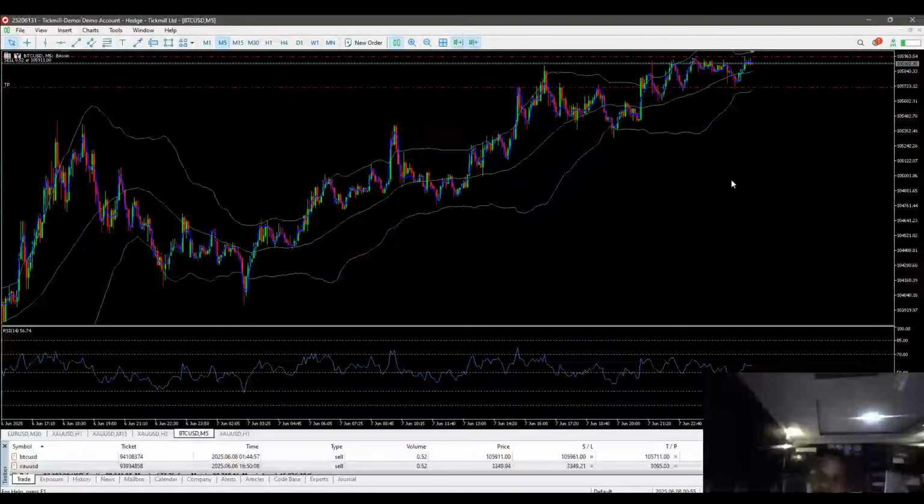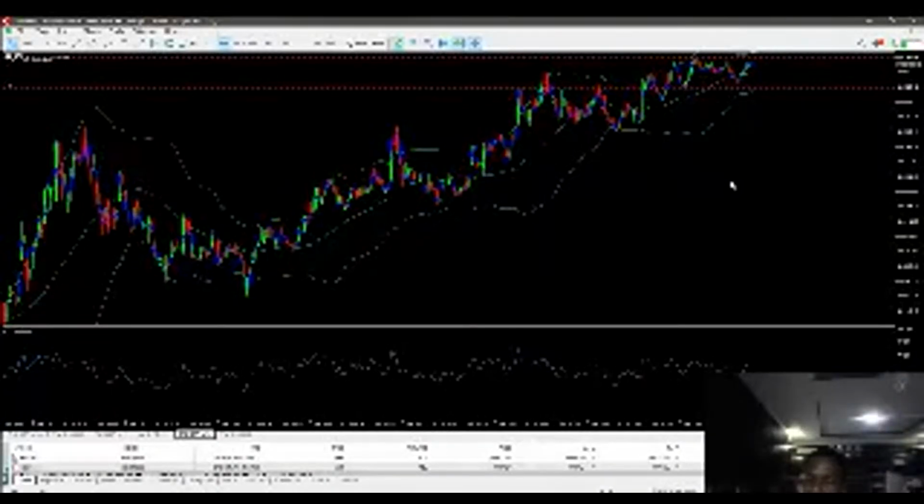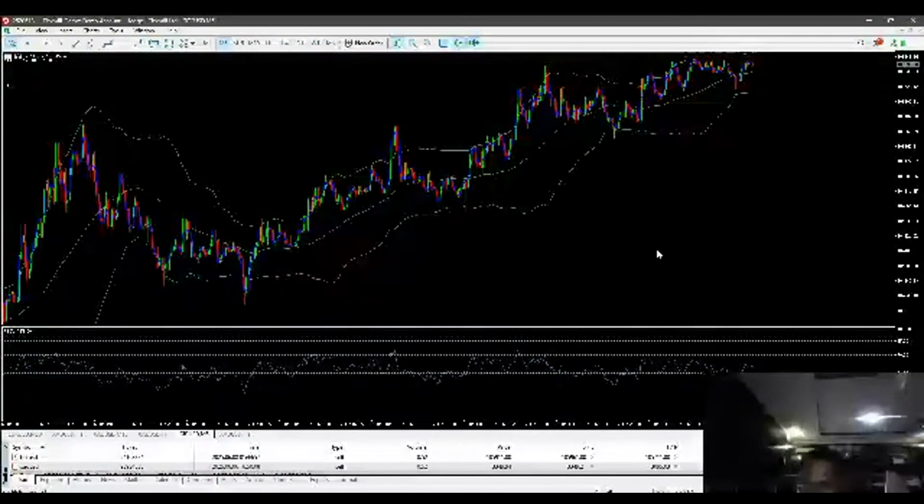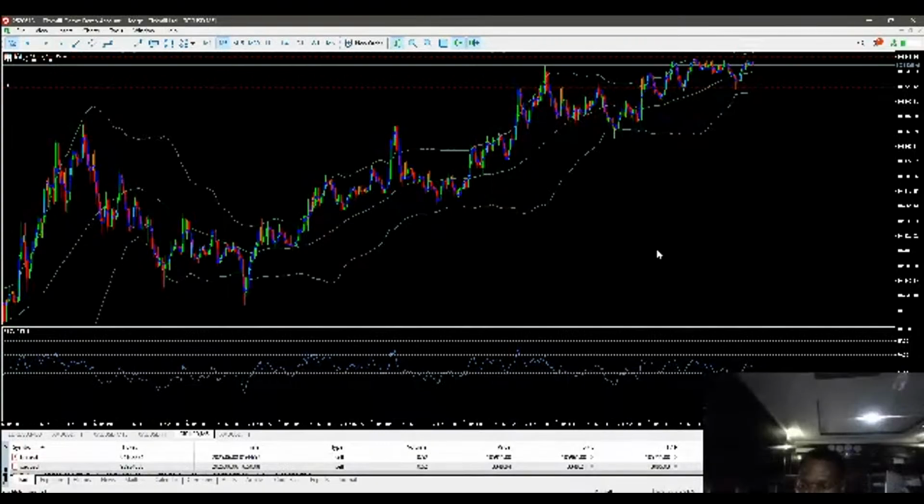So you can avoid trades between the hour of 9:30 and 12:30, to avoid unnecessary entries or unnecessary spread that may carry you where you don't know.